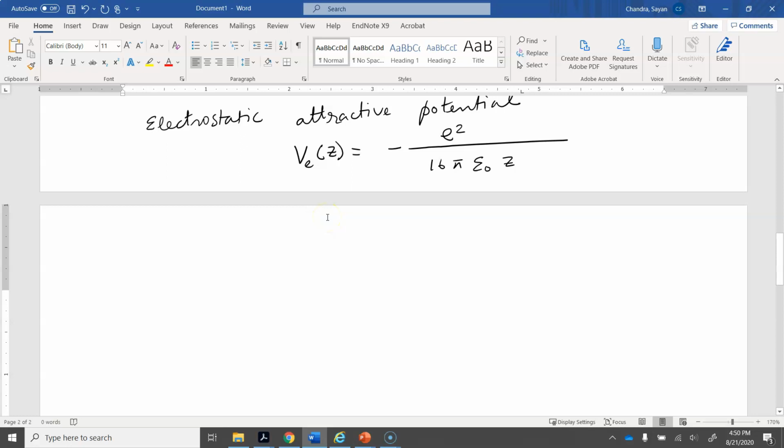Also, the negative sign is associated with an attractive potential. That's just the convention. A positive sign would mean repulsion.